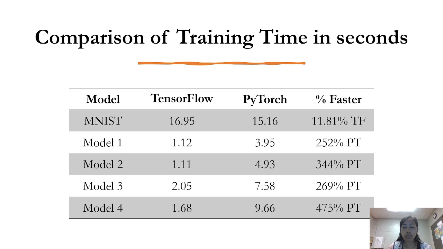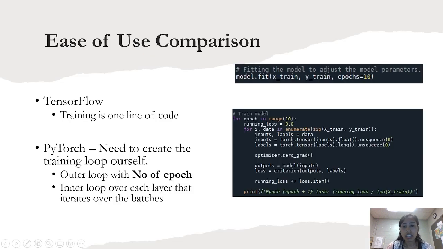There can be several reasons, because for MNIST we used a data loader, which did the iteration by itself by taking epochs. But for other models, we did the iteration by looping ourselves. For the outer loop we gave epochs, and for the inner loop we gave iteration over each layer, which iterates over the batches.